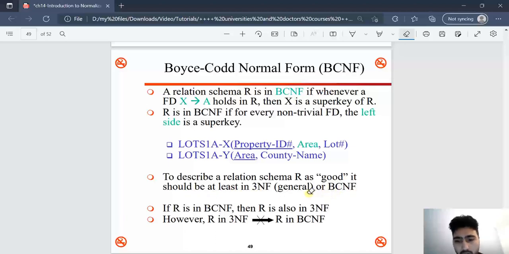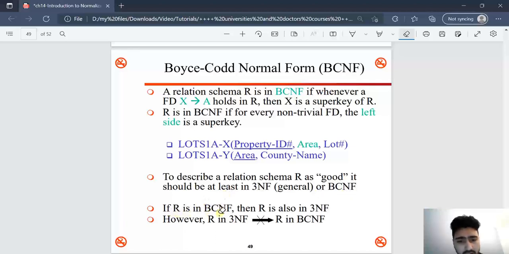So if you convert your relation schema into 3NF or BCNF, then you can say your design is good. We have other normalization rules like 5NF and others, but they will put more restrictions on your design. So 3NF and BCNF are enough in your design.